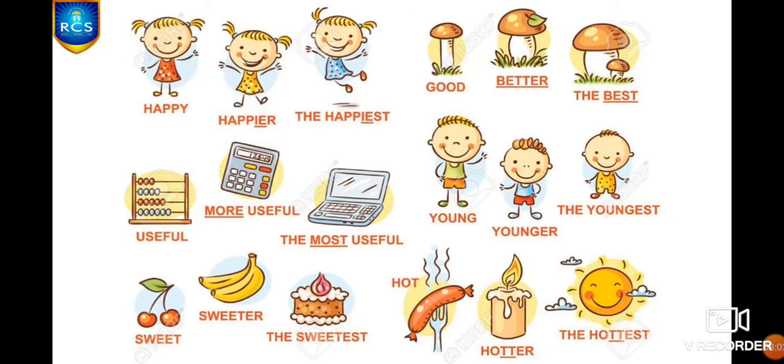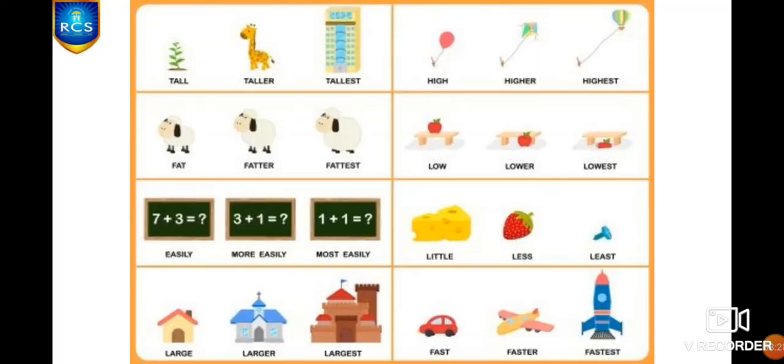And see this picture, children. Happy, happier, the happiest. Good, better, the best. Useful, more useful, the most useful. Young, younger, the youngest. Sweet, sweeter, the sweetest. Hot, hotter, the hottest. Tall, taller, tallest.